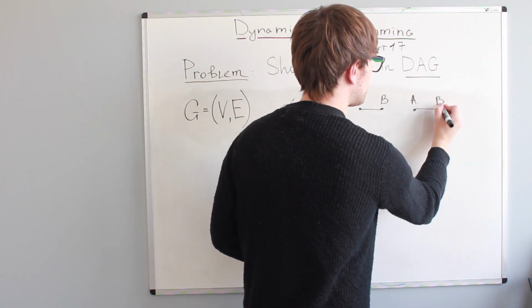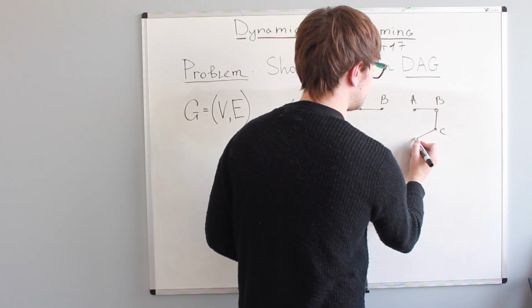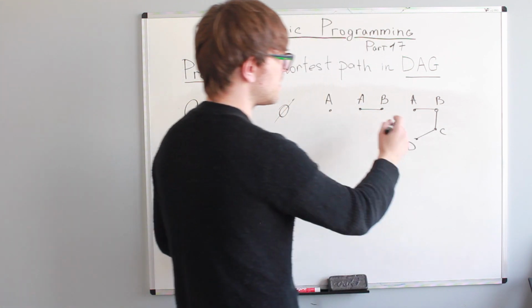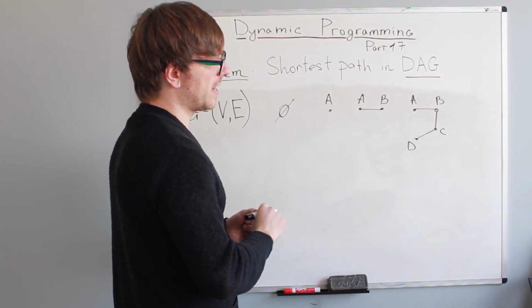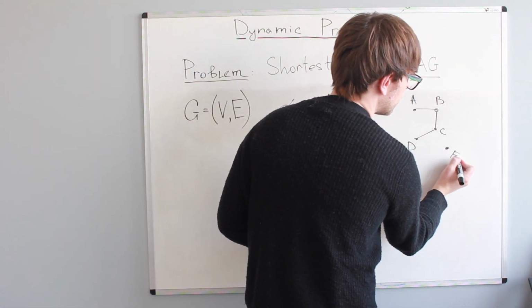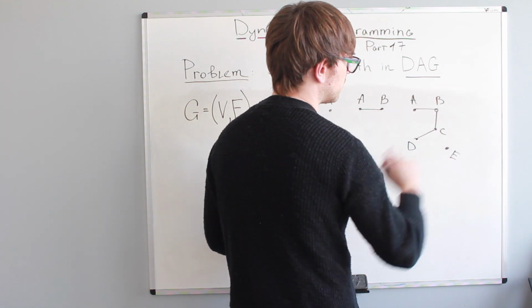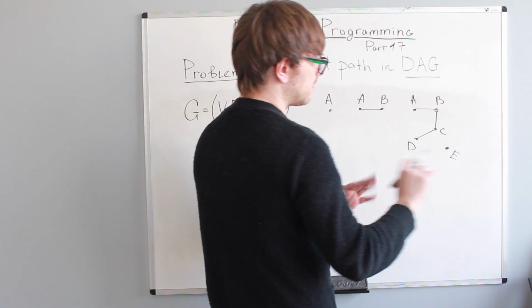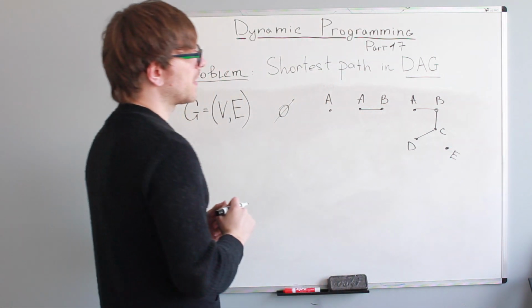A, B, can be like so, C, and then maybe D. Right? So this graph has four nodes and three edges. We can even add another node here, E, and this can be one graph, but E is on its own. But it's still part of the graph, okay?